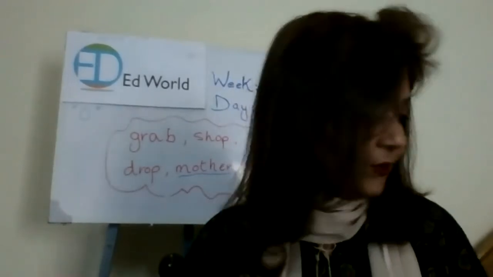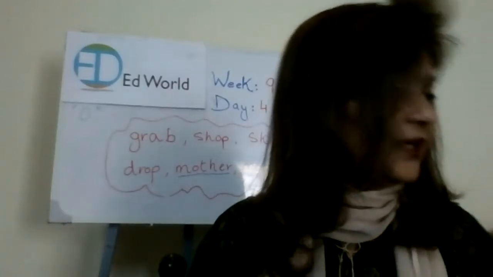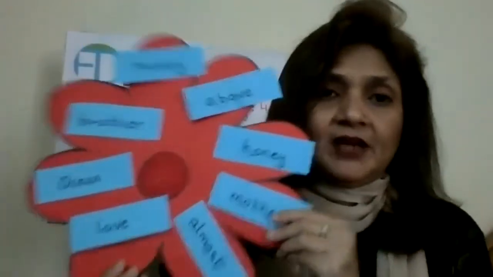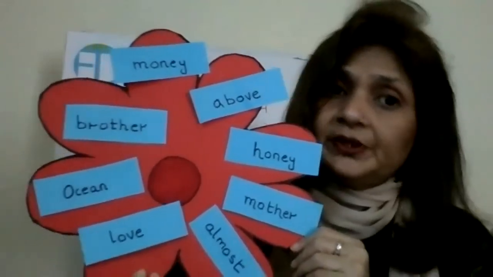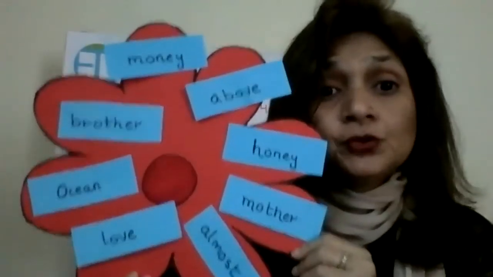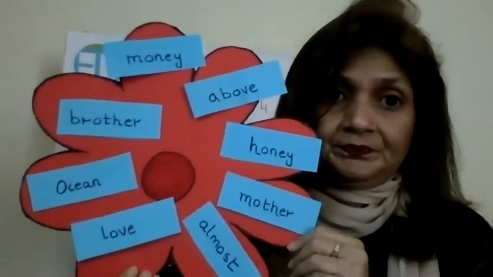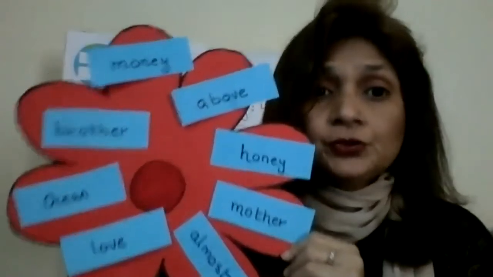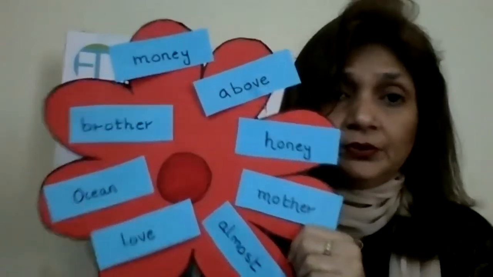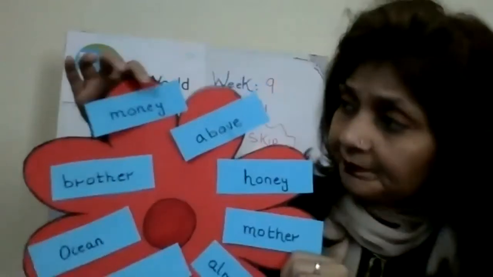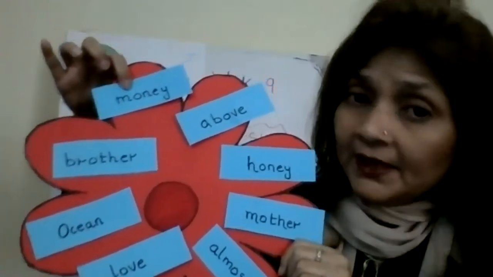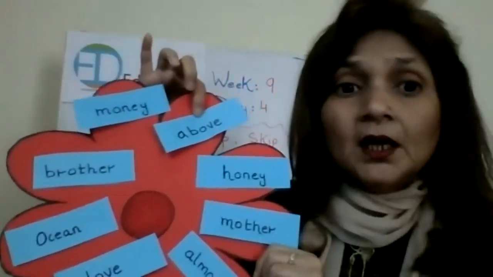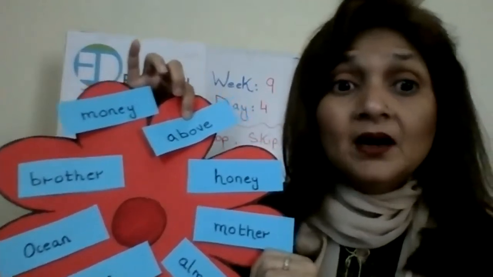Do you understand? Okay. Now, can you see my flower of words? This flower has all the words that have unusual O sound. Okay, now can you read this with me? Money. It is money. Then above, right?